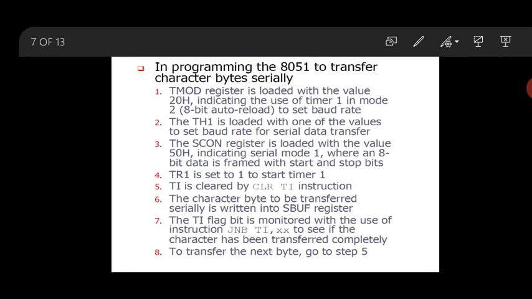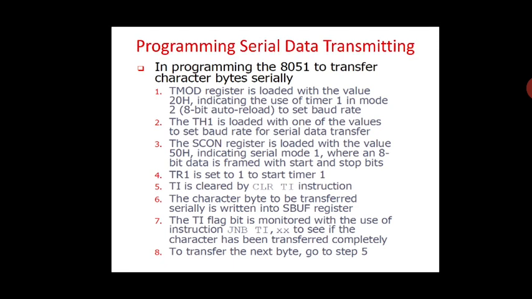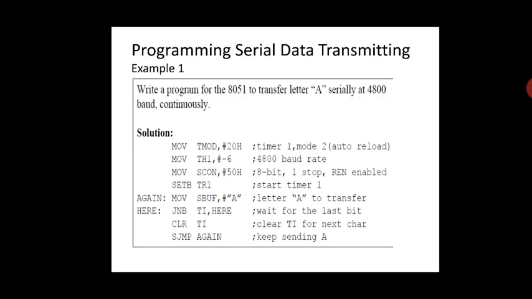It will keep on looping in the JNB instruction until TI is raised. In the eighth step, to transfer the next byte, it goes back to the fifth step, so we repeat this process to transmit data in serial mode of operation. I hope these are the standard steps to be followed to program the UART. Let us take a program.